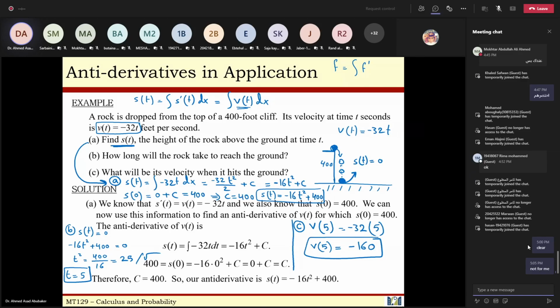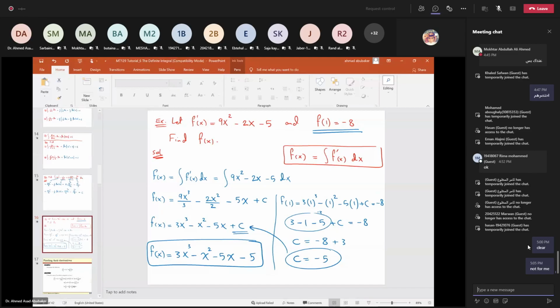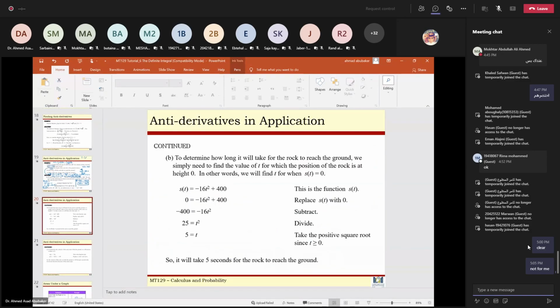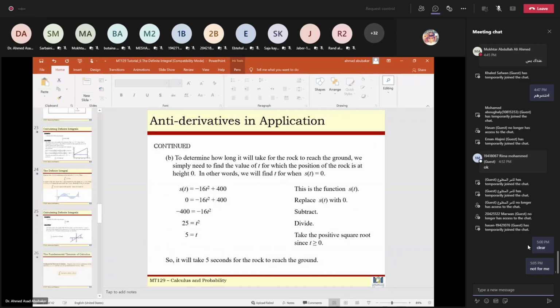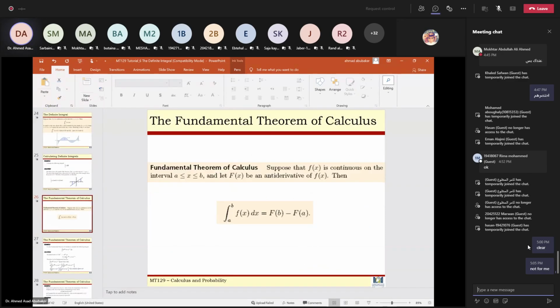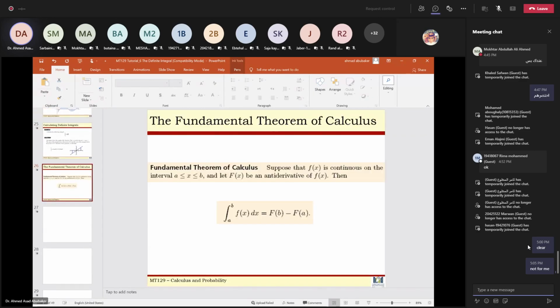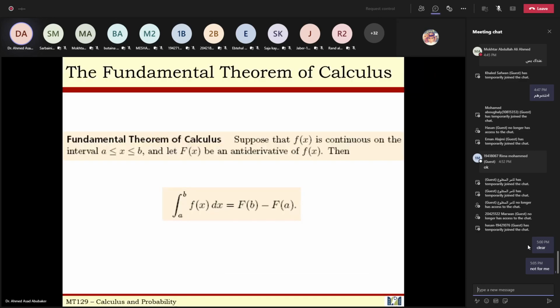The last subject in this lecture is definite integration, the fundamental theorem of calculus. Look at this.